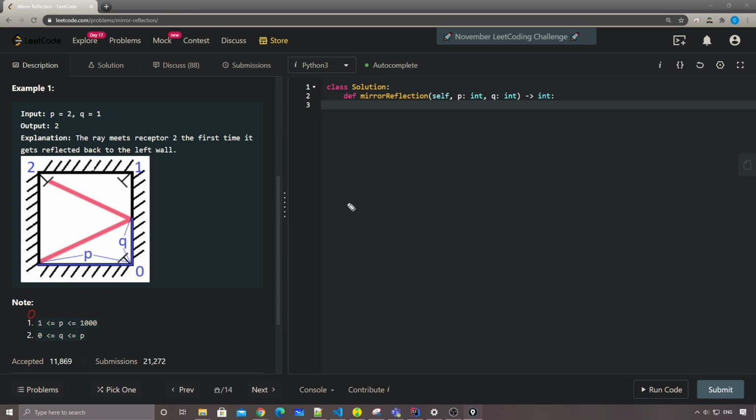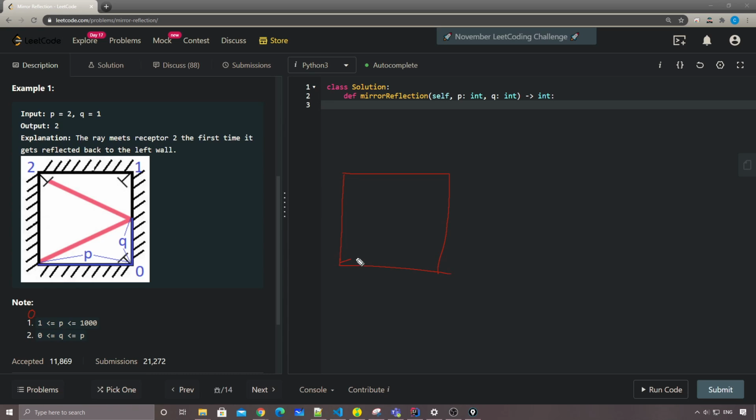Okay, so let's draw some examples here. The first one is always the easy one. Let's see when it will reach receptor 2 here. The first one is just like this.